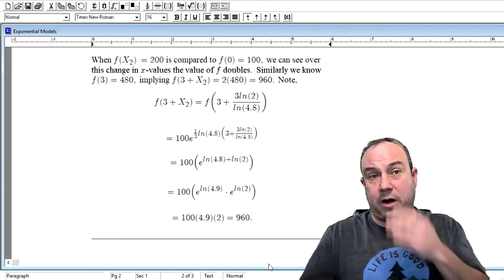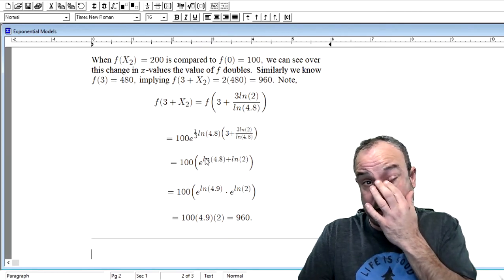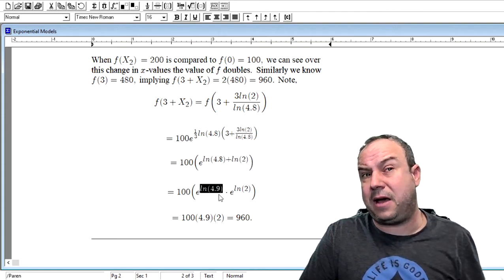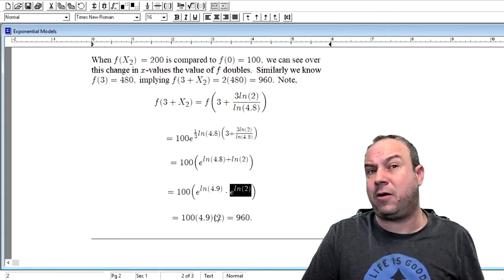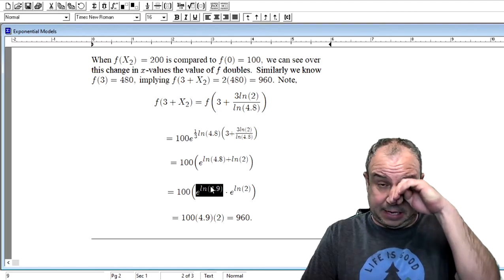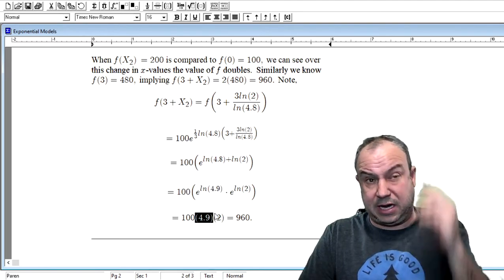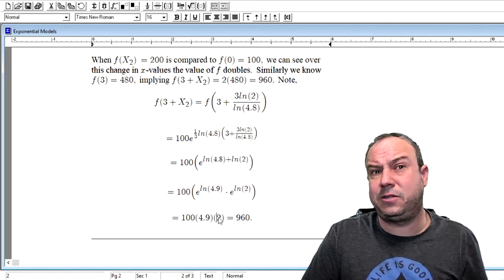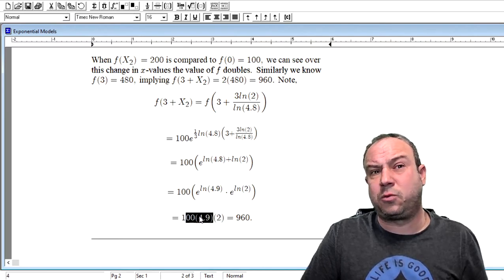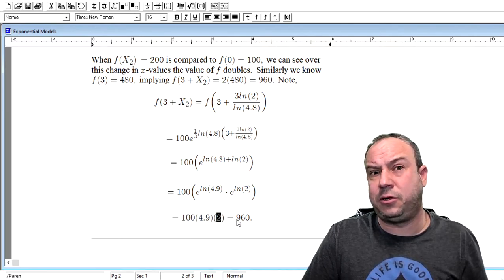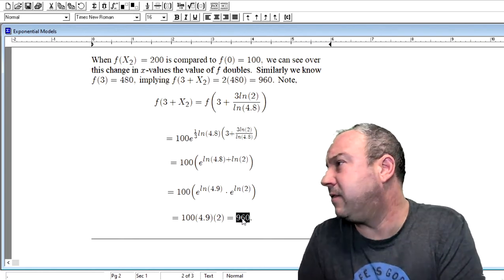Where e raised to the power of this term plus this term is really just e to this power times e to this power. And e to the ln of 4.8 is just 4.8, and e to the ln of 2 is just 2. So this really is just 100 times 4.8 times 2, or 960 in value.